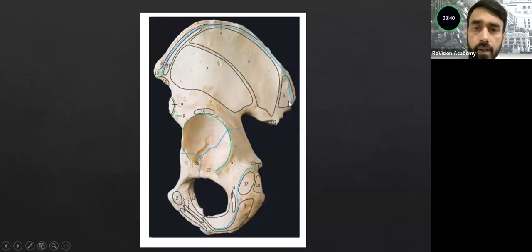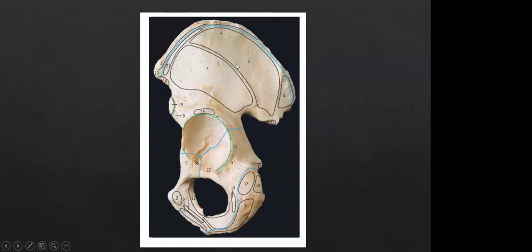Can you identify number 5, number 6, number 7 area and the muscle attachment of that area? Okay, so this bone is the iliac bone, and these are the muscle attachments for the gluteal muscles.